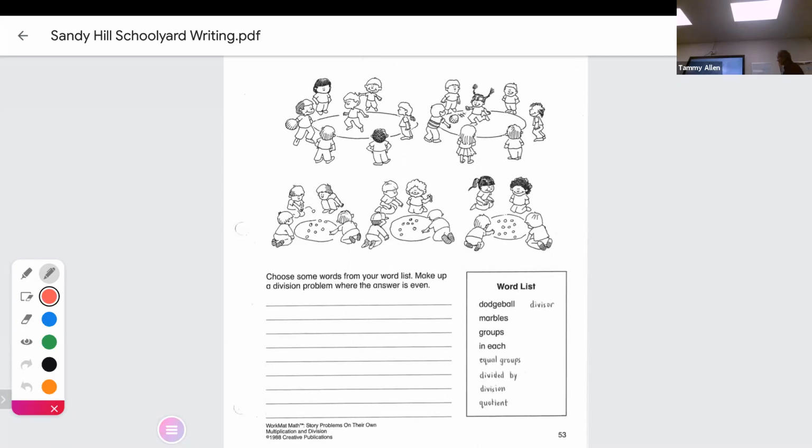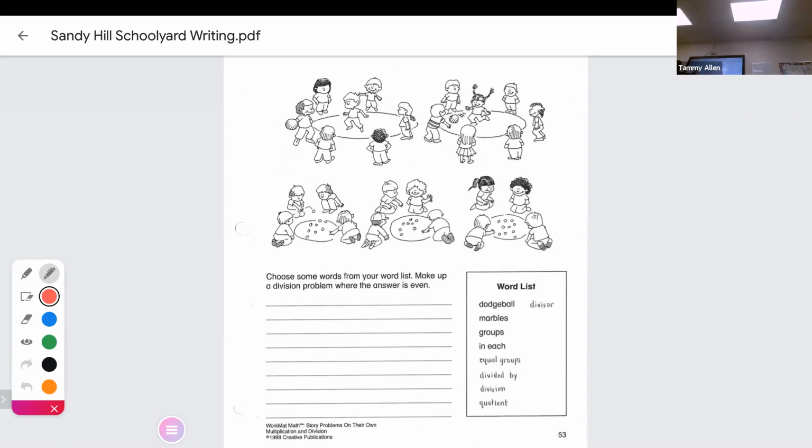Okay. Let's look at our word list. What are they playing? Dodgeball. Okay, the 2 dodgeball games. And what do you want to use? We add them together and there's 14 and you can divide it by 7.